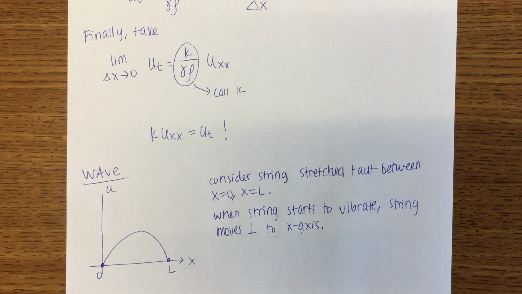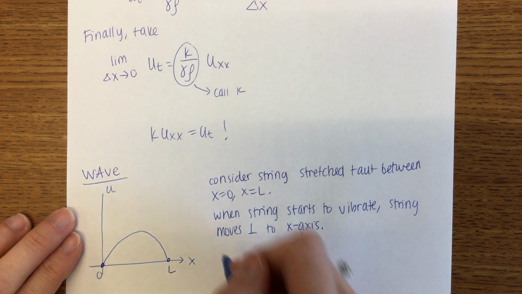So now we said in the very beginning of the notes, and we also said when we got to heat, that we're looking for u of x,t. In the heat equation, u of x,t represented the temperature at a position x and at time t.